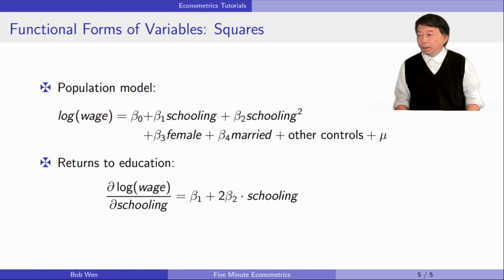In other words, it allows the effect of education on wages to change with years of schooling. The partial effect of education on wages, partial log wage over partial schooling, equals beta 1 plus 2 times beta 2 times years of schooling.